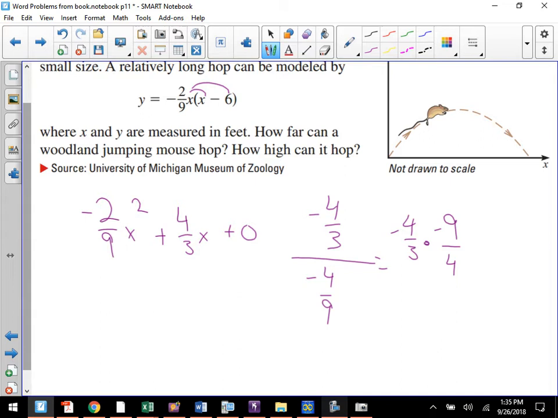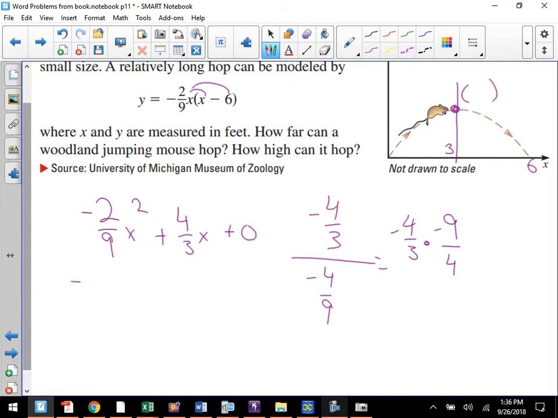So this woodland mouse, small in its stature, halfway through its jump has reached a horizontal distance of 3 feet, which means it lands how far out? 6 feet, okay? So if it jumps out 3 feet, we know that the axis of symmetry has to occur at its vertex, which happens to be called a maximum.